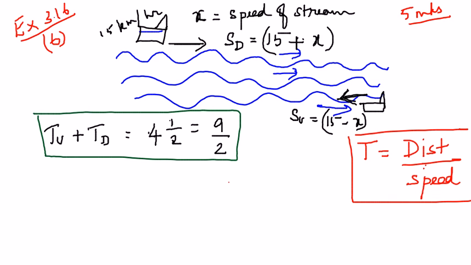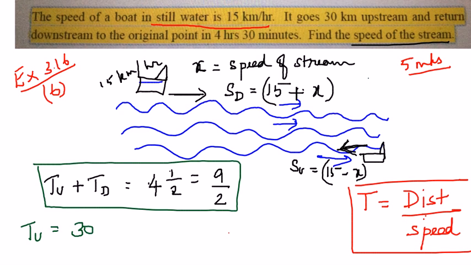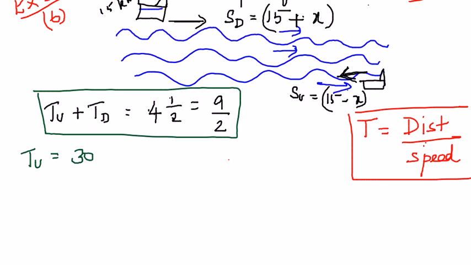So time taken for upstream is nothing but distance, how many kilometers? 30 kilometers for upstream, by the speed. Distance by speed. For upstream it is 15 minus x, right? And what is the time taken for downstream? It is 30 kilometers by 15 plus x.